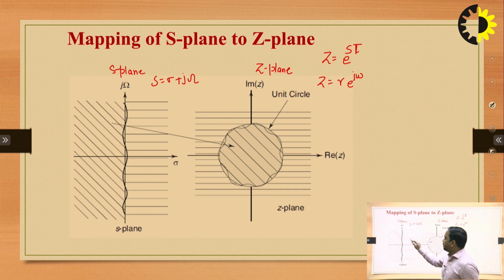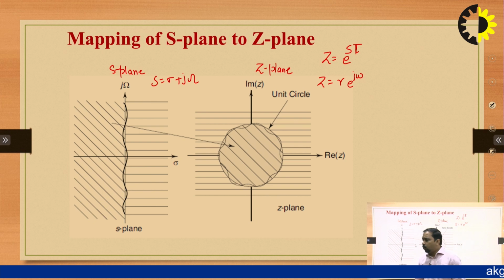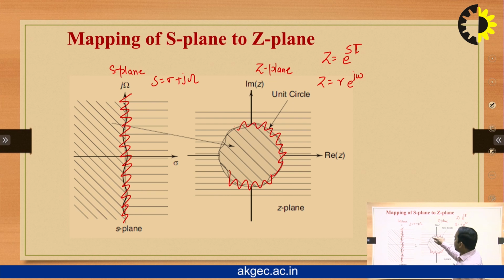So when sigma equals 0, by substituting S equal to sigma plus j omega, we can say that the imaginary axis in the analog domain is mapped onto the unit circle in the Z domain.